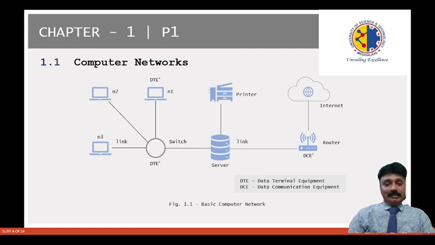Then these all three nodes are connected to the server via switch, and one printer is also connected with the server, which is going to be shared by all the nodes N1, N2 and N3.